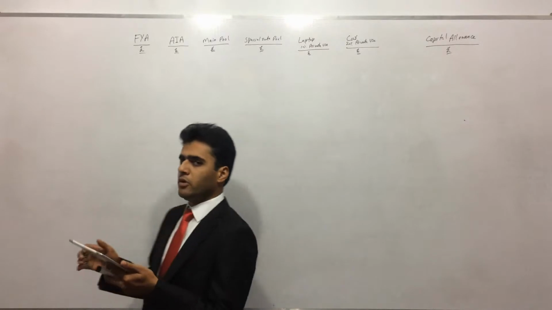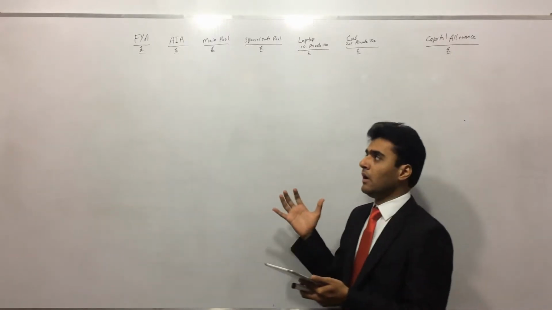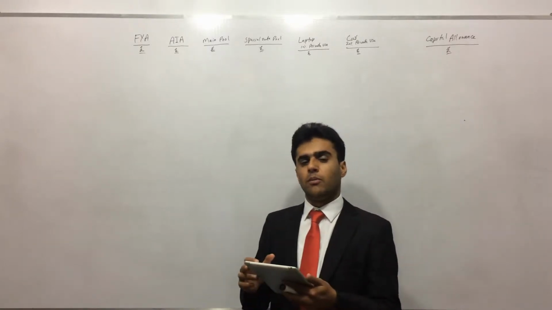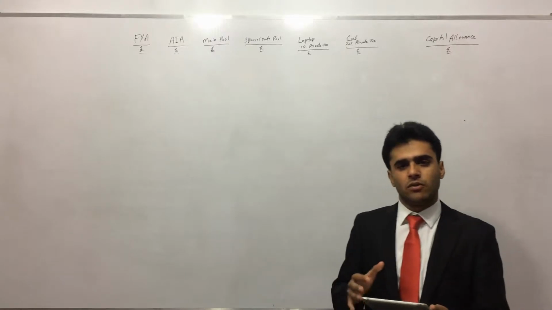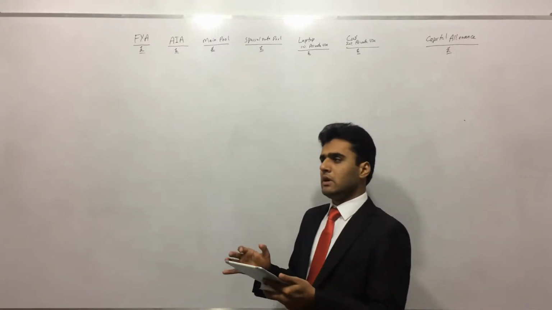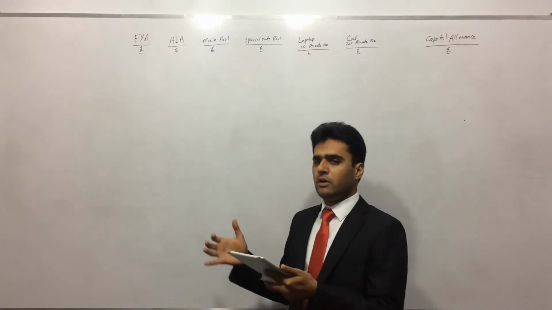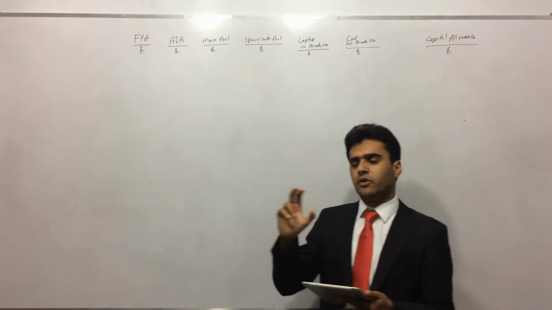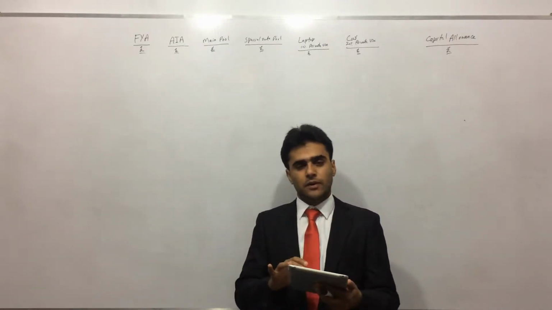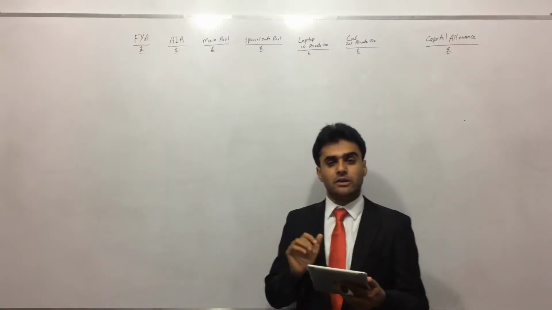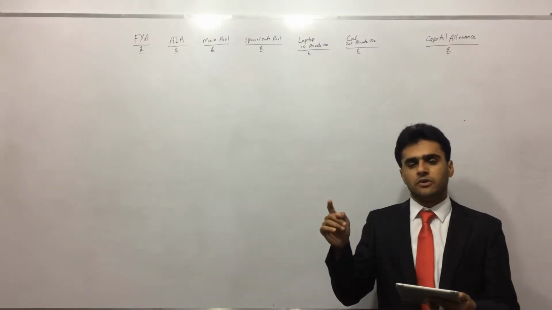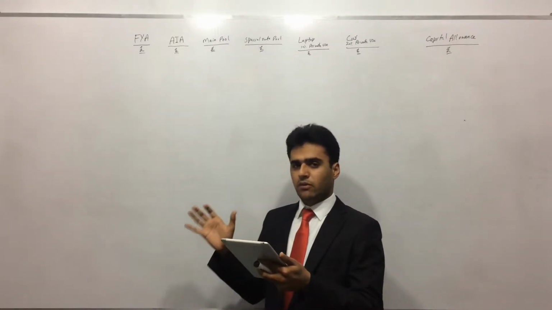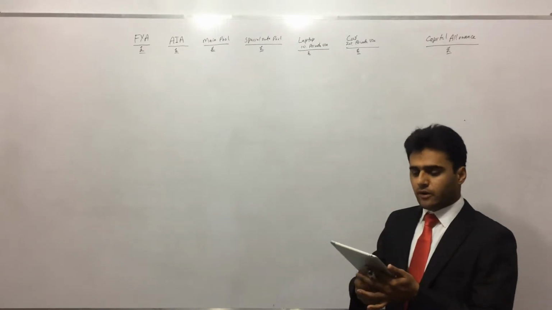You remember from your notes that if the accounting period is less than 12 months or more than 12 months, we will have to do it on a pro rata basis. So we will either reduce or increase the percentage. For the main pool, the official rate is 18%. In this case it is 6 months, so we take 18% multiplied by 6 over 12, which will be 9%. Likewise we will do it for the others as well. Anyway, let's start the question then.